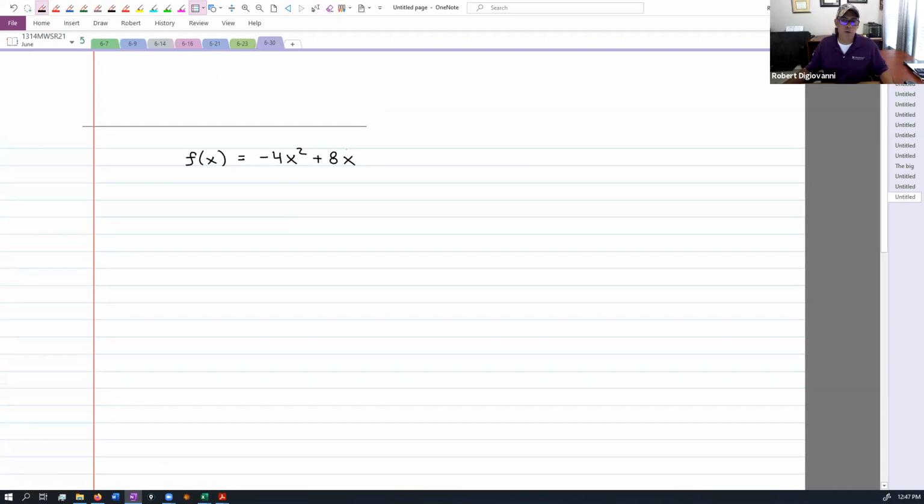Why don't I give you a moment to do the first few steps, like figure out what A, B, and C are, figure out if it opens up or down, see if you can figure out what the vertex is. Let me give you a minute or two to do that, all right? See if you can get through the first 3 steps through the quick sketch, okay?